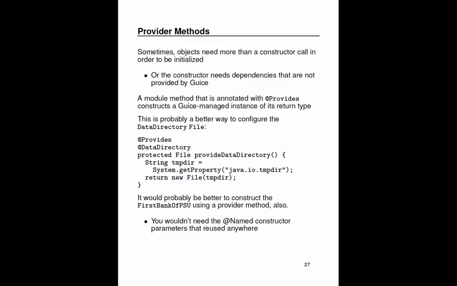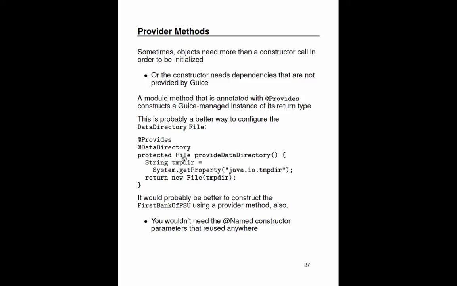So in your module, you can annotate certain methods as @provides, which means the method returns a value that should be paid attention to by Juice. It should be bound into Juice. So here is an example of how, in your module, you can have a method called provide data directory.